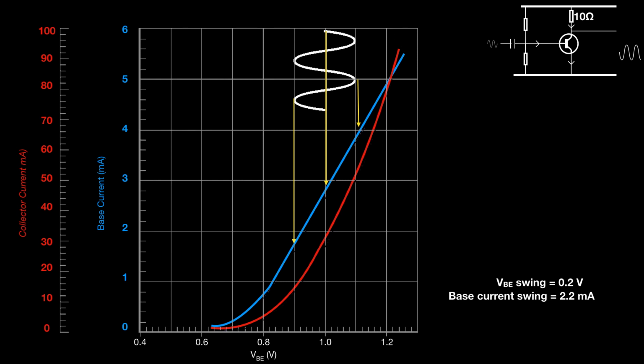So we're saying that the 0.2 of a volt swing in VBE will give a corresponding swing in base current from 1.8 milliamps to about 4 milliamps. In other words, a VBE swing of 0.2 volts will give a base current swing of 2.2 milliamps.